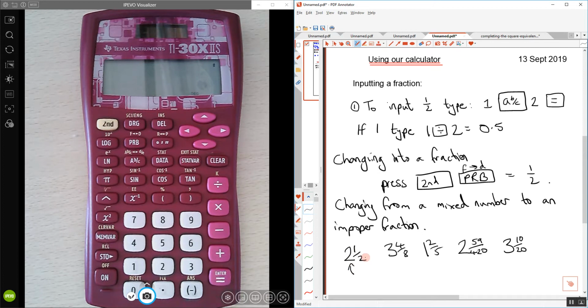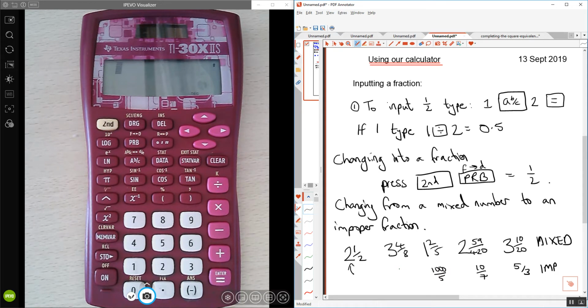Okay. Who can give me an example then of an improper fraction? These are mixed. Oscar. 5 over 3. Right, 5 over 3. Give me another example of an improper fraction. Enrique. 10 over 7. Kai. 1,000 over 5.